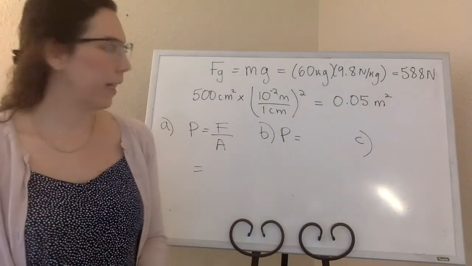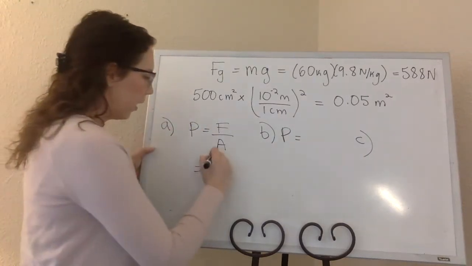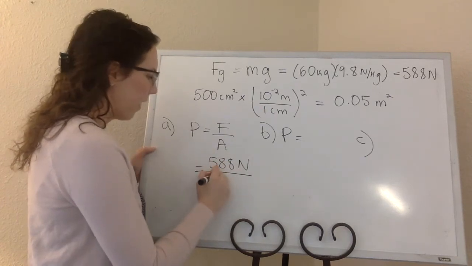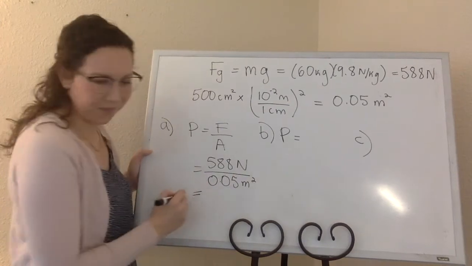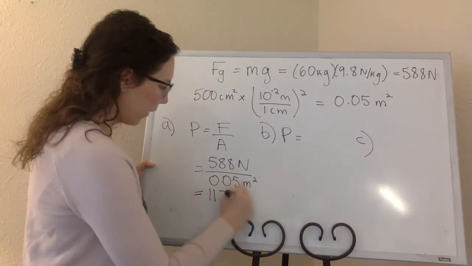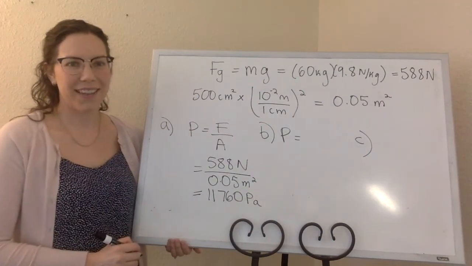Okay, so now we can plug into our equation for pressure, force per unit area. So when this person is standing on 2 feet, that's dividing by 0.05 meters squared, which is 11,760 pascals when you divide that.